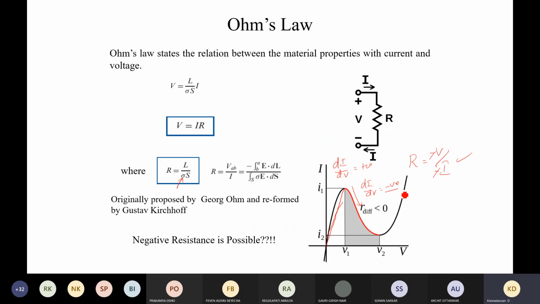This way we can get the resistance negative. When resistance is negative, some interesting behaviors come. One can easily generate microwave oscillations with this negative resistance. You will study these things in microwave engineering. It is one of the very interesting concepts.